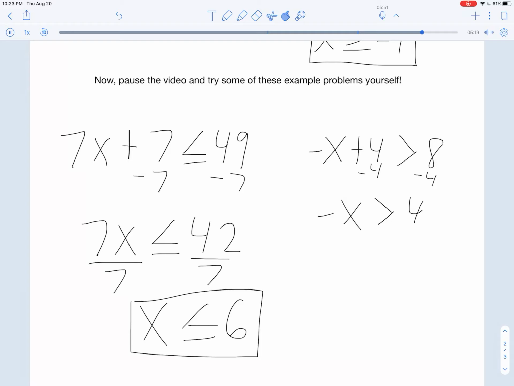So we need to get x to just positive x. In order to do that, we divide both sides of the equation by negative 1. Doing so will make x a positive number, positive 1. Now, since we divided both sides by a negative number, x is now less than negative 4.